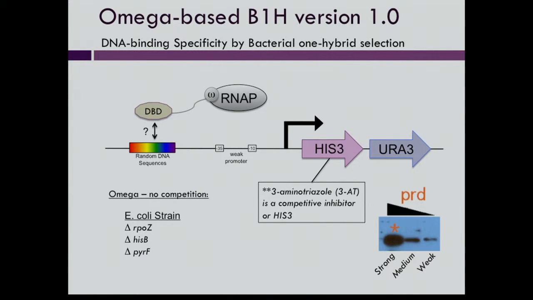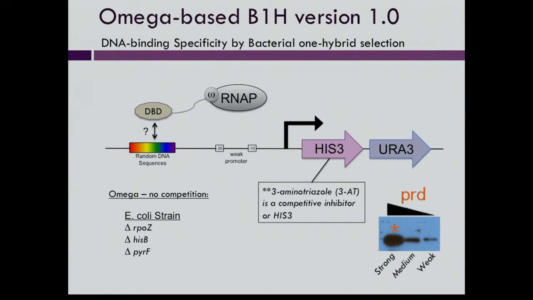Now, the greatest advantage of this system relative to any other hybrid assay is omega, and I think this is often overlooked, and that is because omega is part of the core polymerase, but it's non-essential. So we can do our selections in a strain where we have knocked out the endogenous omega.